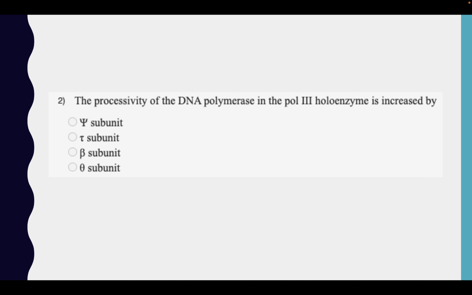So moving on to the next, the processivity of DNA polymerase in the polymerase 3 holoenzyme is increased by which of these subunits? This is also kind of memory based.